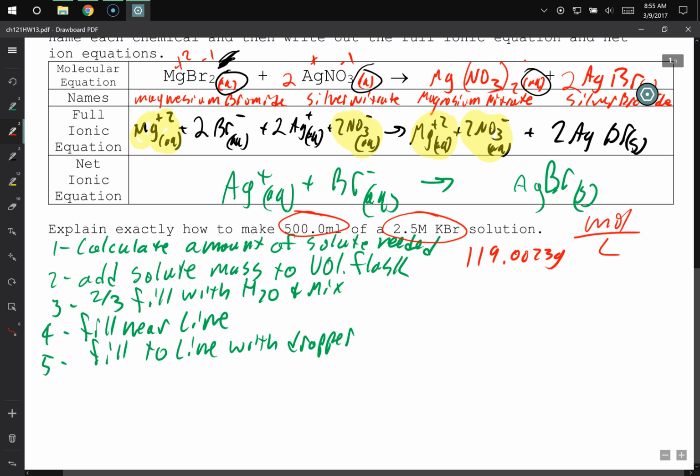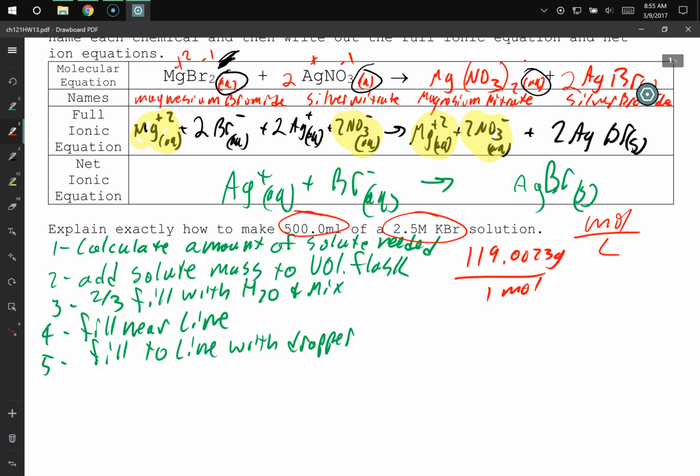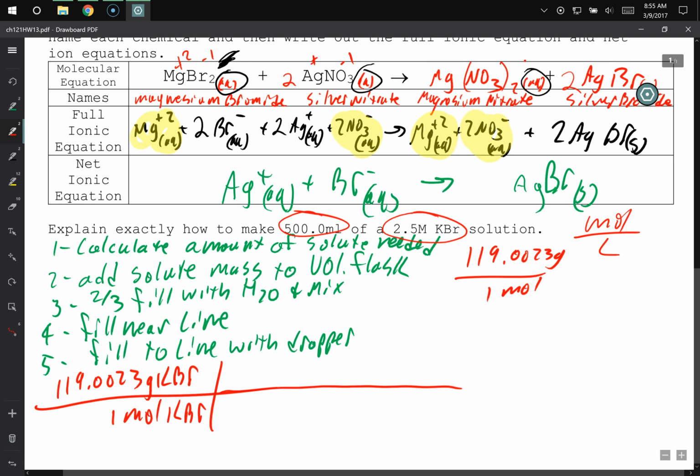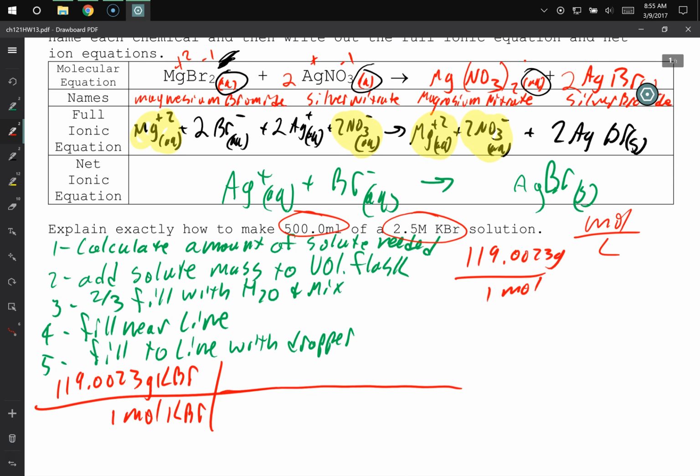So if I look at the periodic table, I'm going to find out that potassium bromide's mass is 119.0023 grams of KBr per 1 mole. Okay, so since I'm looking for grams, I'm just going to go ahead and start with that. 119.0023 grams KBr, 1 mole KBr. Okay, so I want grams, but it came with moles, so I need to get rid of the mole part. So how do I get rid of the moles KBr?